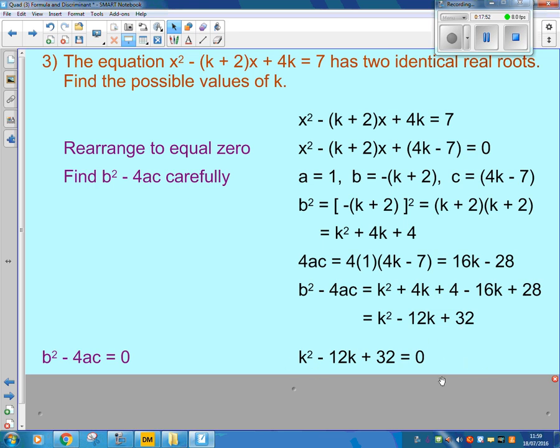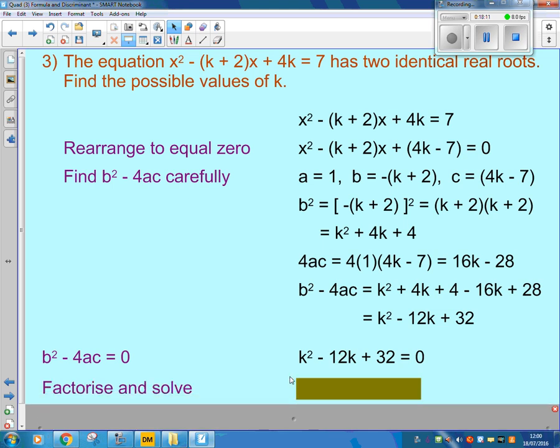And you could use the quadratic formula again if you really wanted to, but the first thing I always look for is factorization, and this one factorizes nice and easily because 4 times 8 makes 32, and 4 plus 8 makes 12, and so you can factorize it to k minus 4 times k minus 8. Notice it's k, it's not x, because the equation's in terms of k.